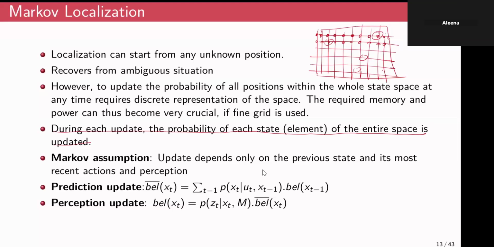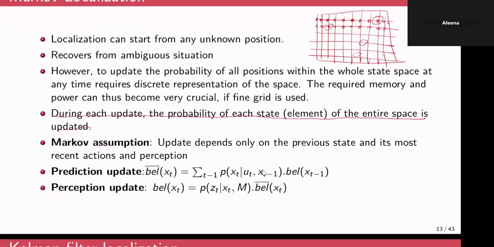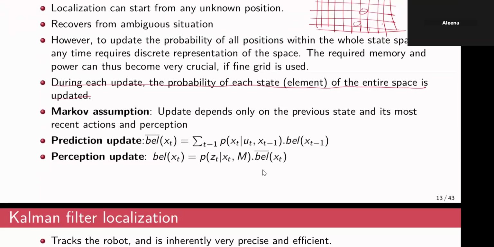Mathematically, this prediction update is defined as bel bar xt. The prediction update is the probability that the robot is at xt given ut, the current input, and the previous state, multiplied by the belief of xt minus 1, the complete belief of the previous state.